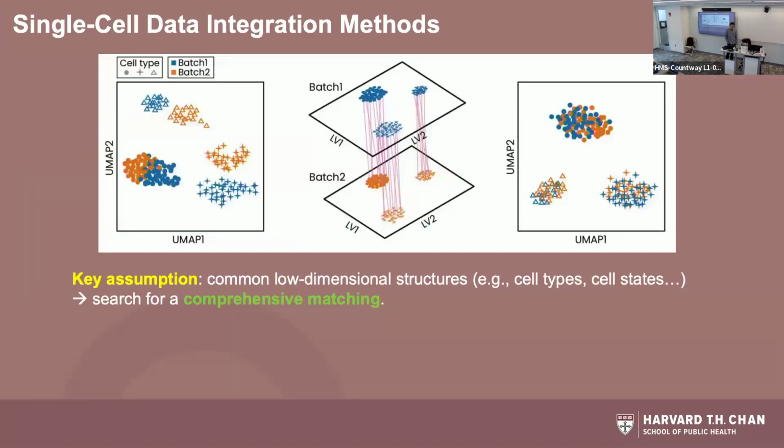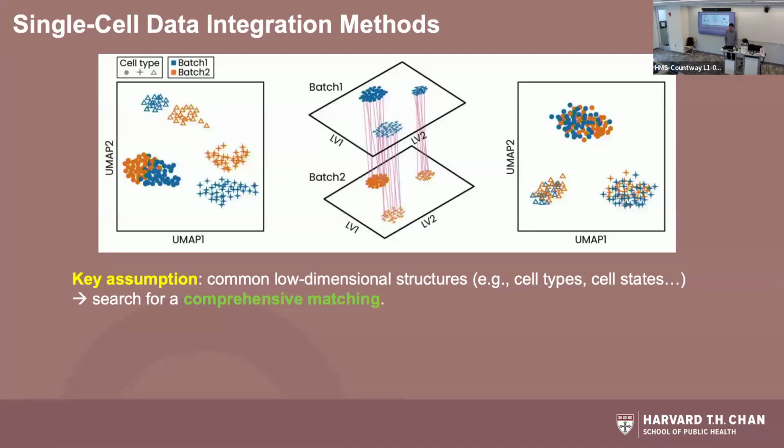Despite the diversity of different integration algorithms, most of them seemingly rely on a common assumption or heuristic to perform integration. The key assumption underlying most of the algorithms is as follows: there exists some common low-dimensional structure. It could be cell type information or cell state information or something else.